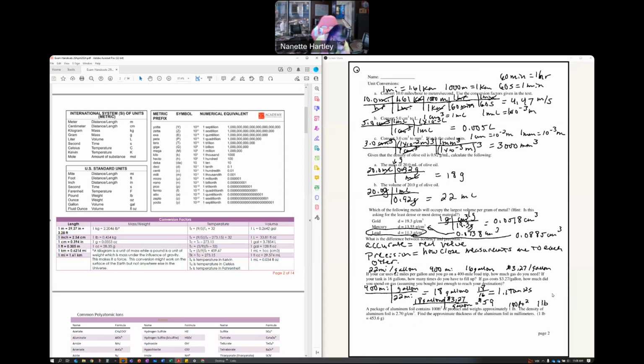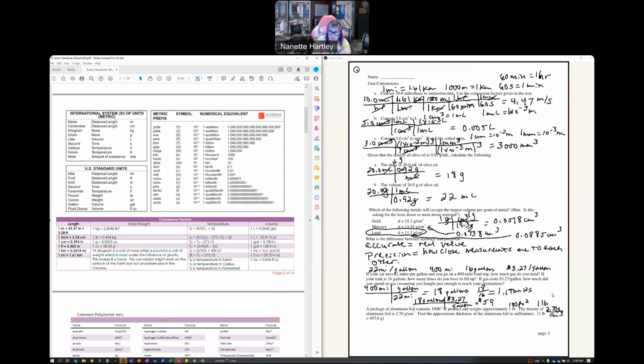The density is 2.70 grams per centimeter cubed. Find the approximate thickness of the aluminum foil in millimeters. And of course, it says that 1 pound is 453.6 grams.